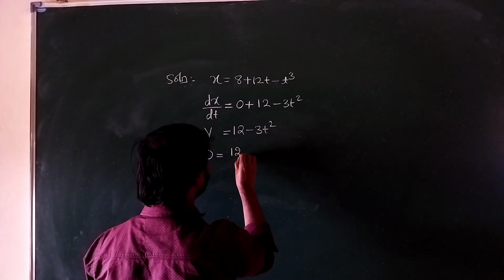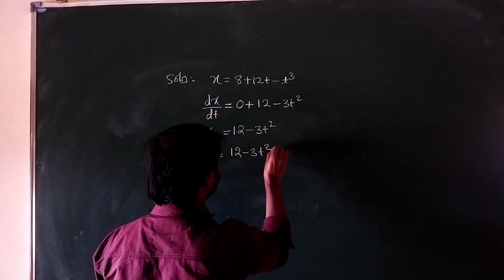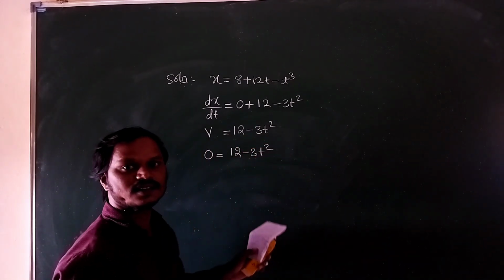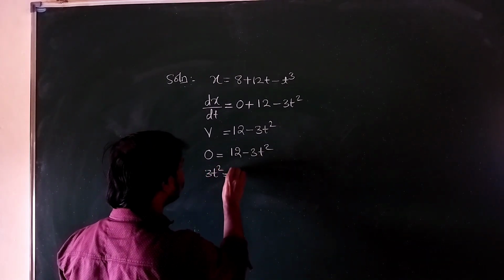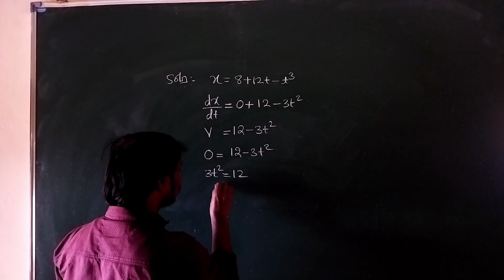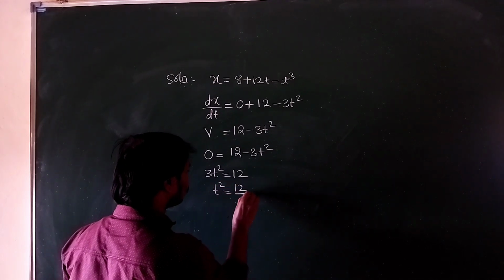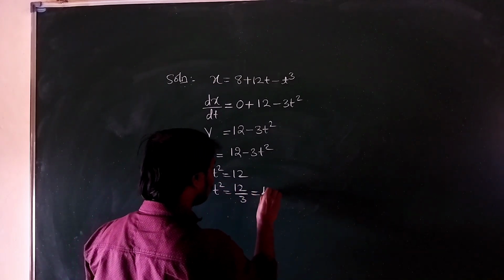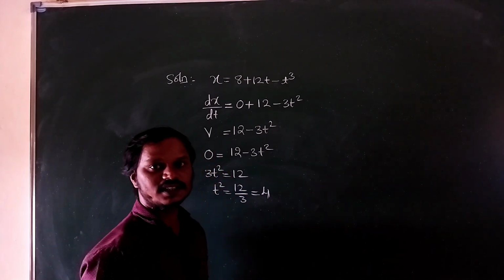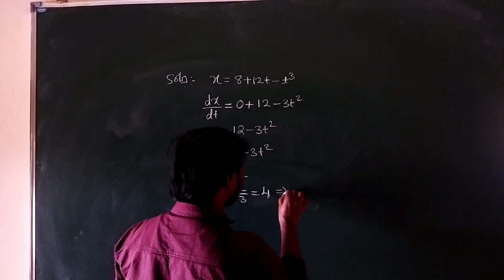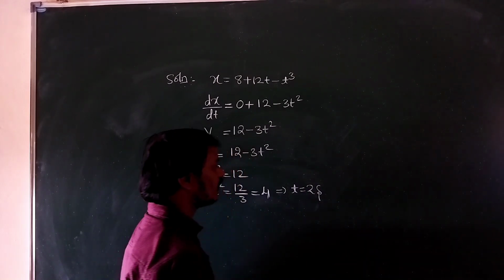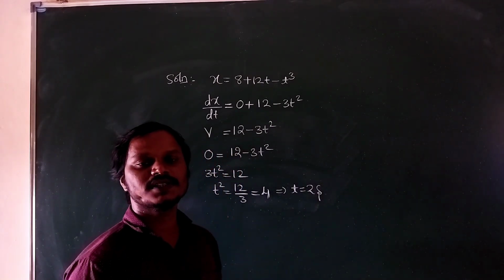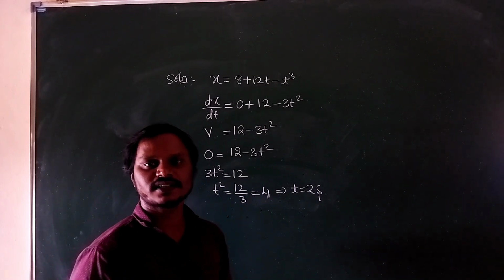Then 3t^2 = 12, so t^2 = 12/3 = 4. Then t is 2. t is 2 seconds. Means at the time 2 seconds we have to find acceleration, negative acceleration, that is called retardation.